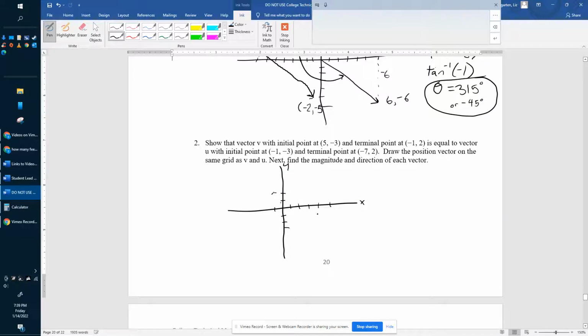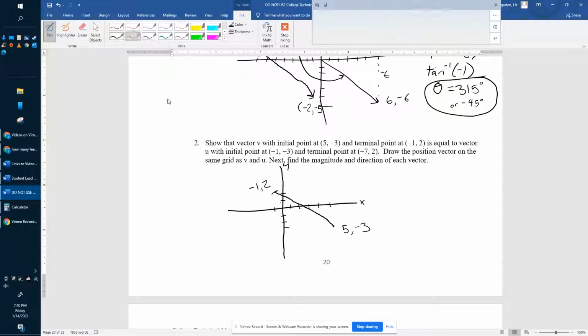That's our terminal point. Let's see if I can draw that. Close enough. So that's our first vector. Initial point at 5, -3. Terminal point at -1, 2.